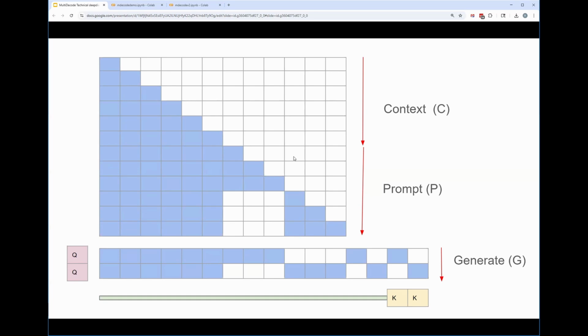It's like a prefill, but where the different branches have different attention patterns. And then the final generate portion of the attention mask shows the attention from the point at which it branches, and has this repeating diagonal pattern that follows after this.